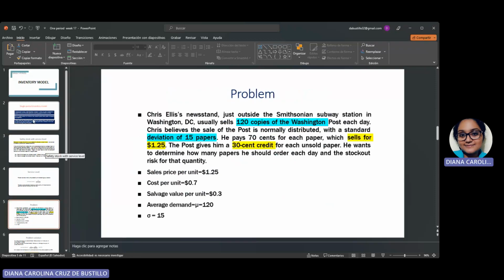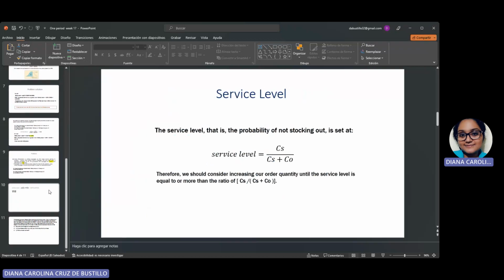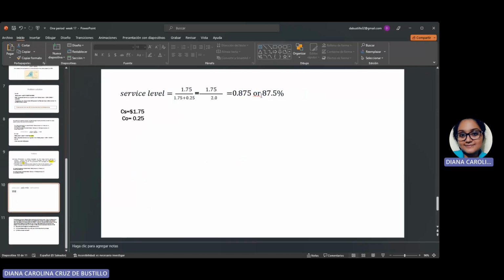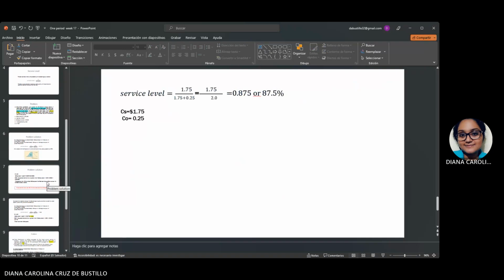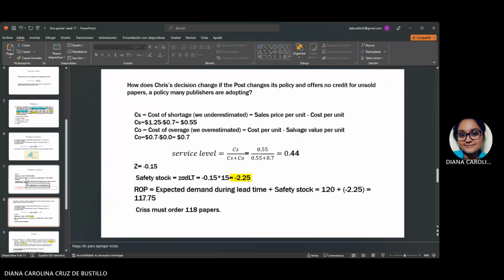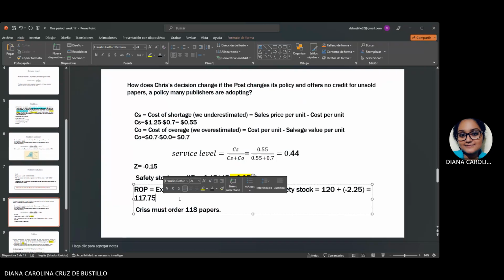So now, how much then do we have to order if we must assure a service level of 87.5%? So the order quantity in these inventory models is estimated, let me just grab the formula, by this.